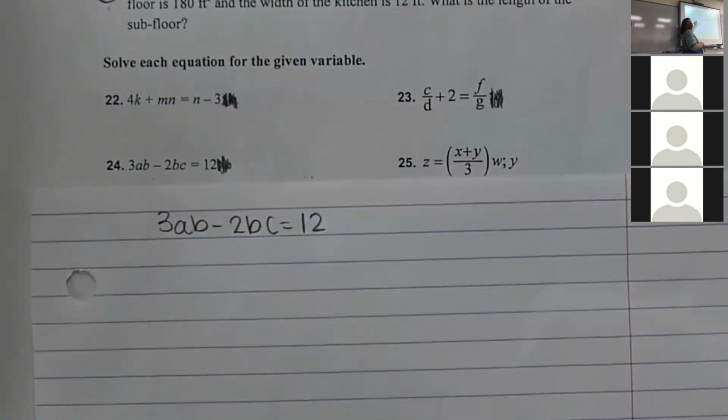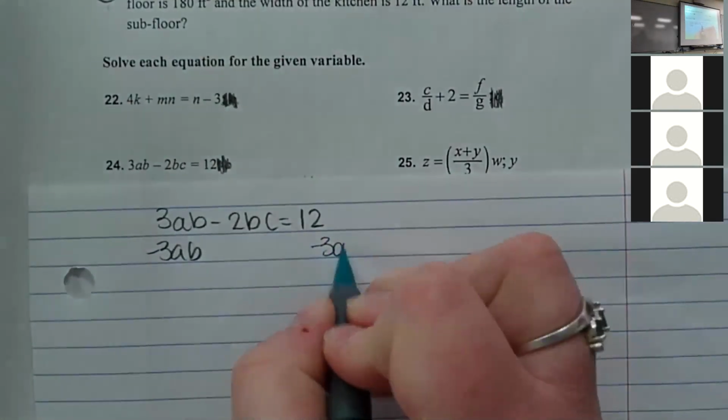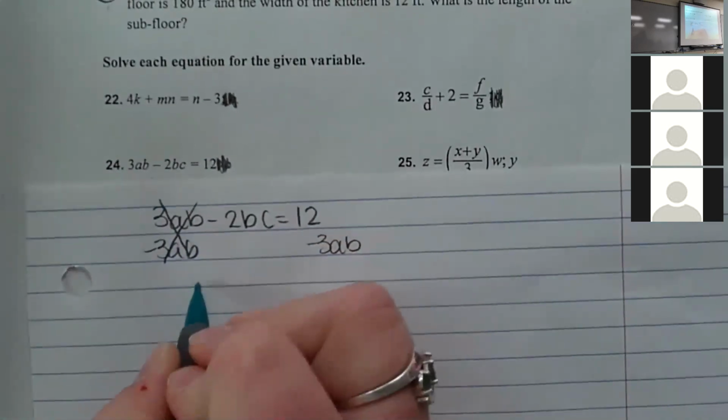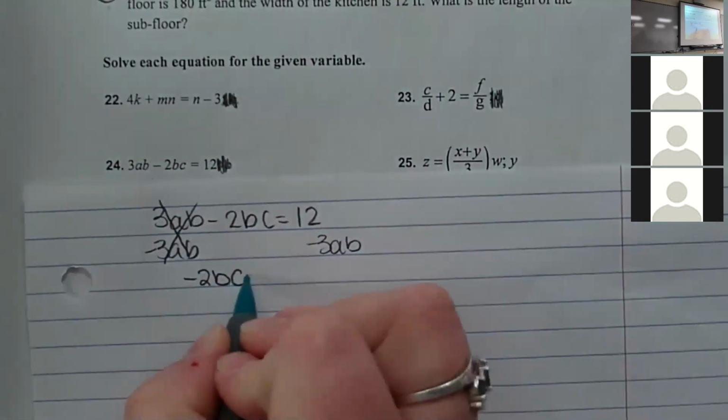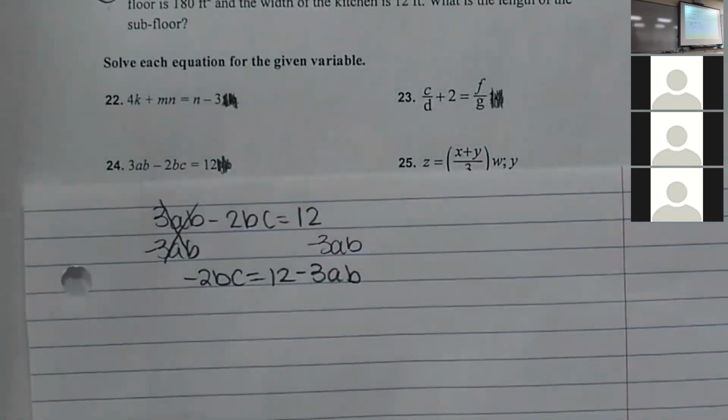How do I get rid of that 3AB? Right now it's a positive 3ab, so I need to subtract it. So minus 3ab, negative 2bc equals 12 minus 3ab. I want to get c by itself. What's negative 2 and b doing to c?